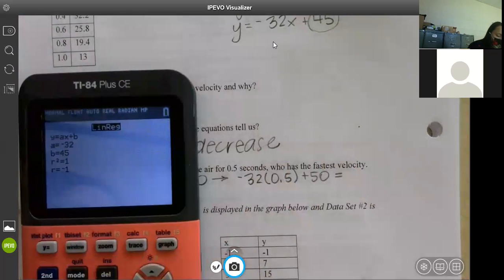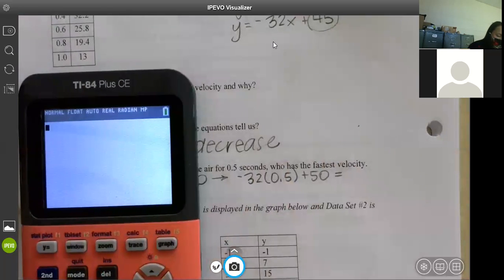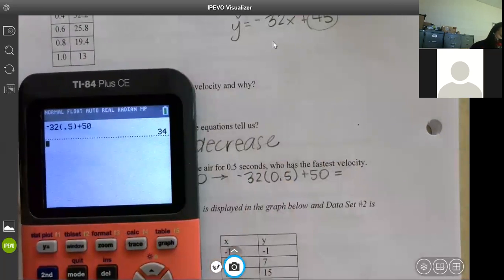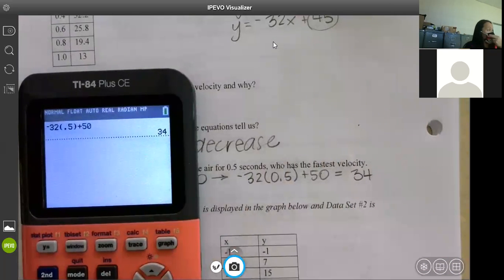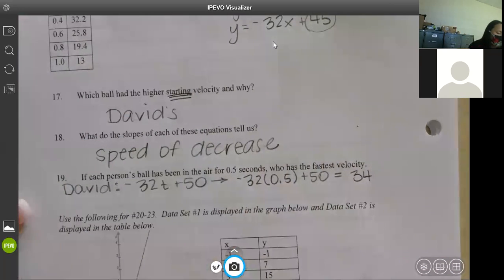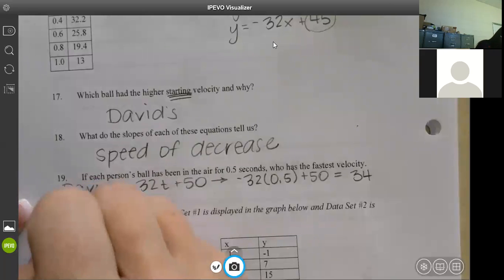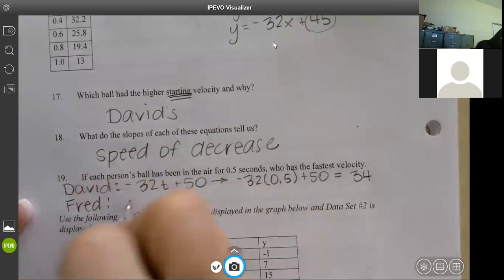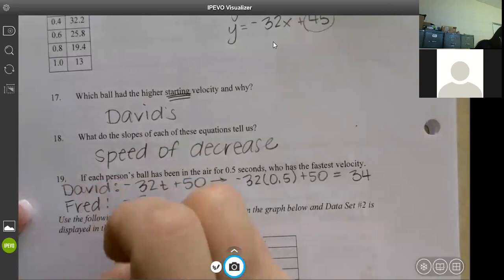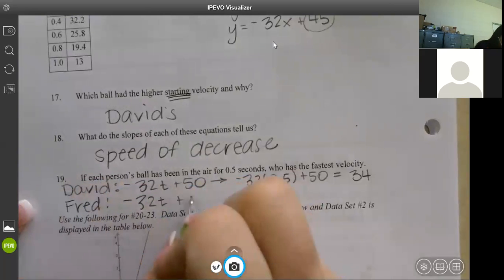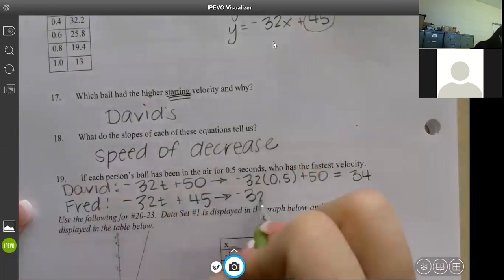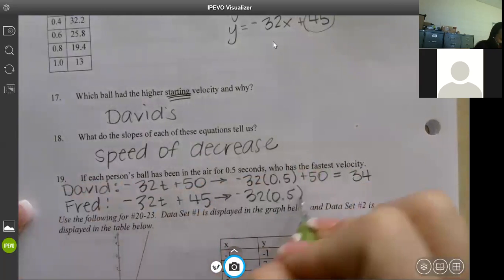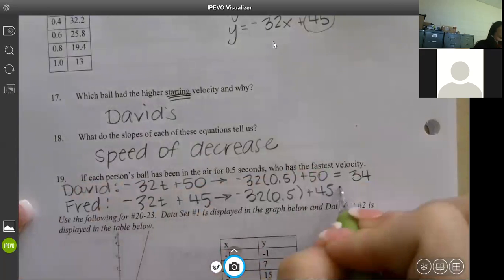This is exactly what you did in your homework yesterday, those of you that did it. Negative 32 times 0.5 plus 50 gives us 34. Right. Then we have to do Fred. We said that Fred was negative 32, and we put X, you can put T, it doesn't matter, plus 45. So we're gonna plug in that 0.5.